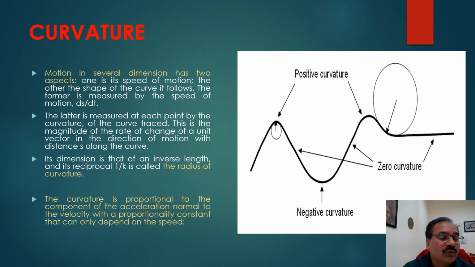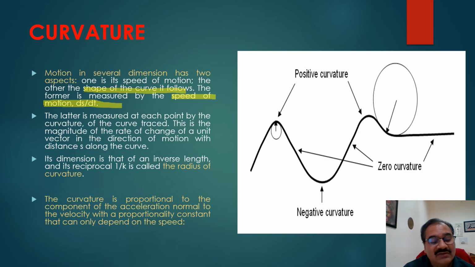Now, if you go into more detail, motion in several dimensions has two aspects. One is its speed of motion, the other is the shape of the curve. The former is measured by the speed of motion, as I said, because I have shown you the graph of acceleration, that is ds by dt.